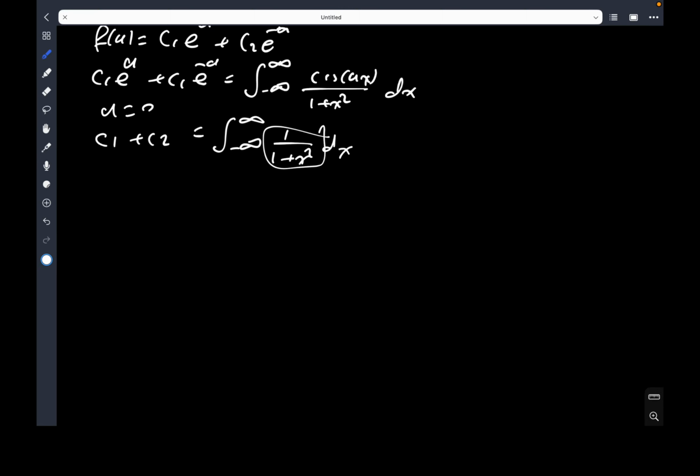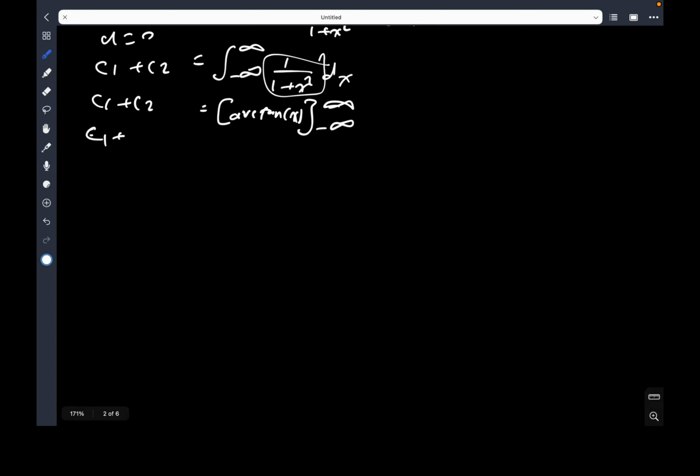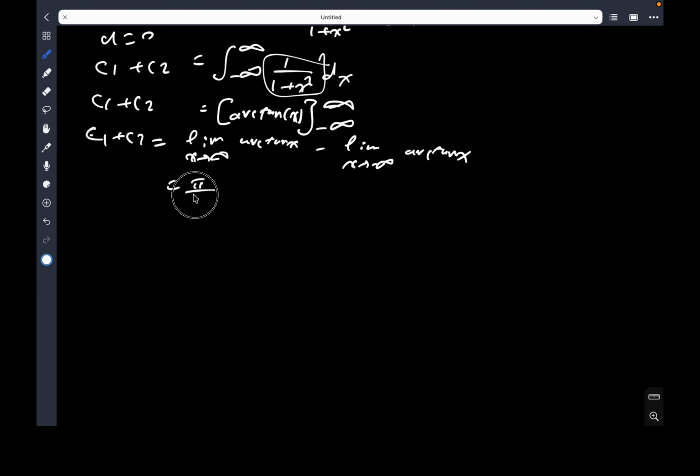This is the derivative of arctan of x, thus the antiderivative is arctan of x, and c1 plus c2 is the limit as x approaches infinity of arctan x minus the limit as x approaches negative infinity of arctan x. The first limit is pi over 2, and the second limit is negative pi over 2. Thus we have pi over 2 plus pi over 2, which is pi. Thus c1 plus c2 is pi.